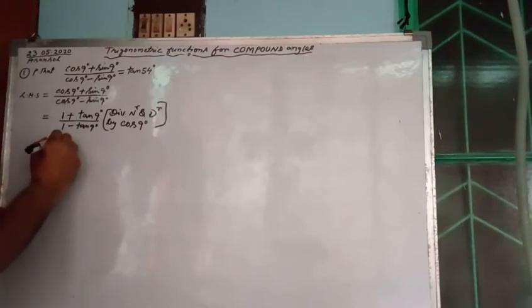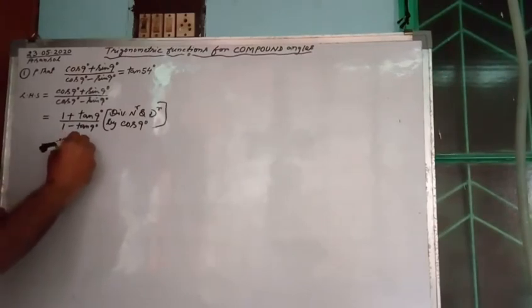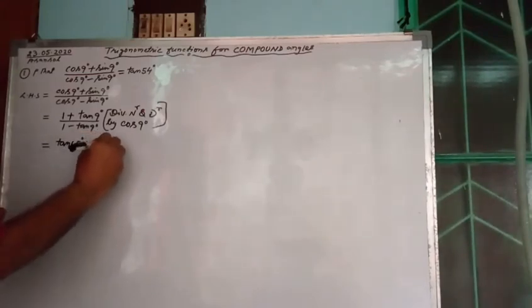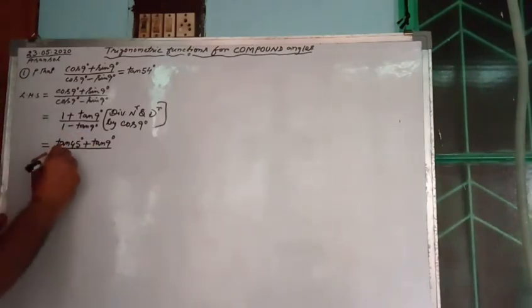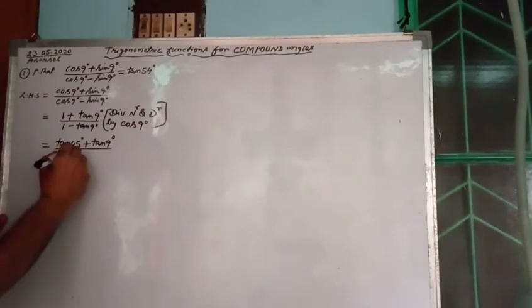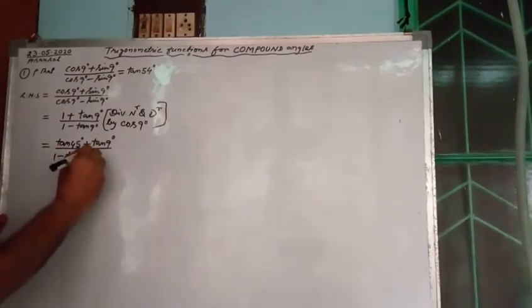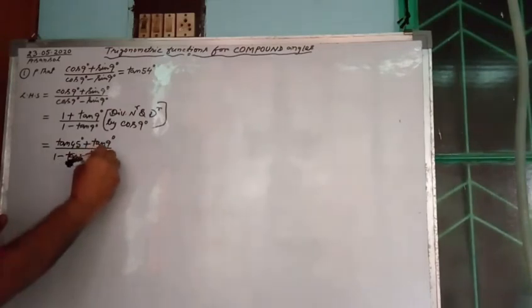1 can be written as tan 45 degree, plus tan 9 degree as it is. We want to write in the form of tan A plus tan B by 1 minus tan 45 degree into tan 9 degree.